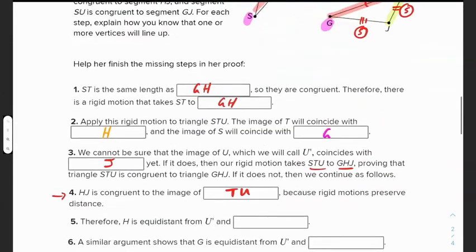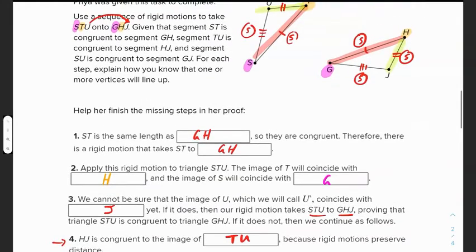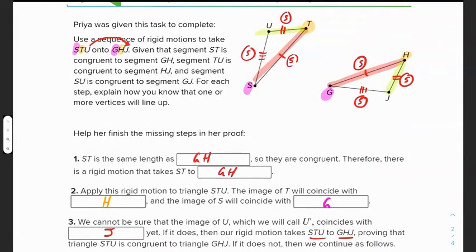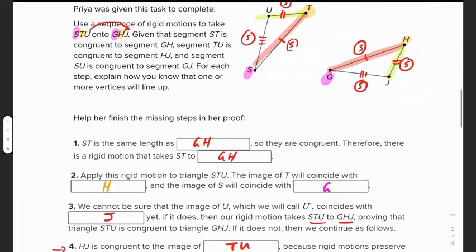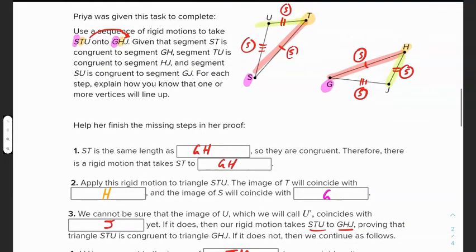All right. Therefore, H is equidistant from U prime and who? So go ahead and take a look. Therefore, H is equidistant from U prime and who? And hopefully you said J. Okay.